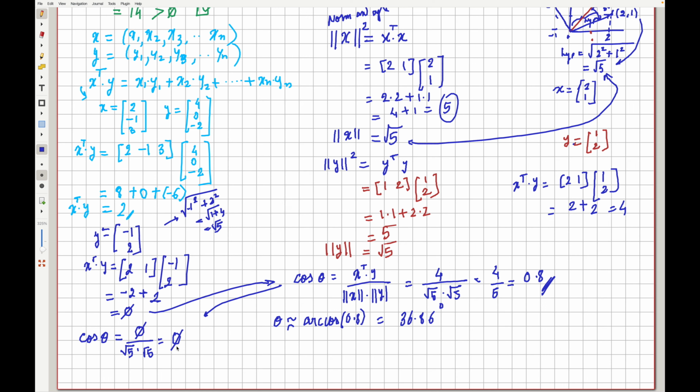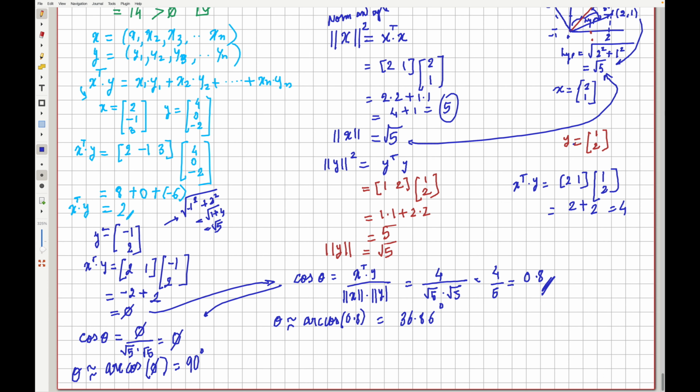So if I take cos inverse of 0, that is, theta is approximately equal to arc cos of 0, which gives a value of 90 degrees.